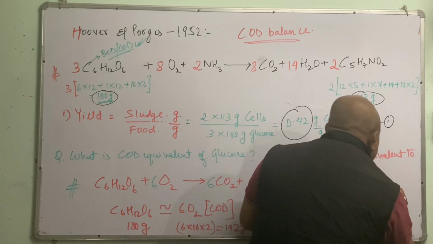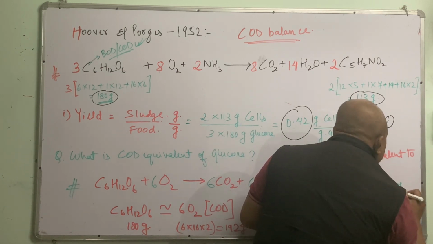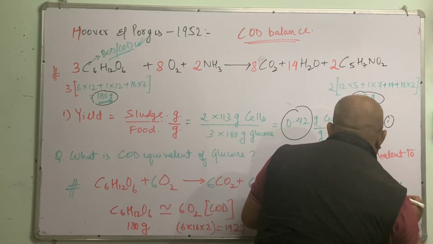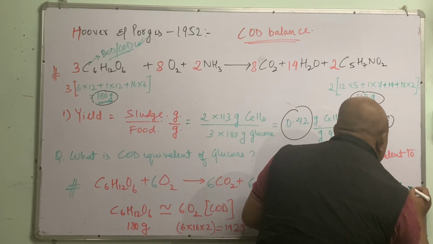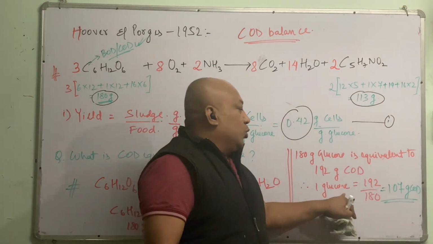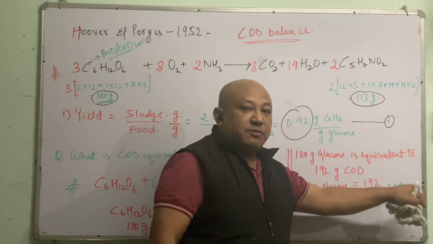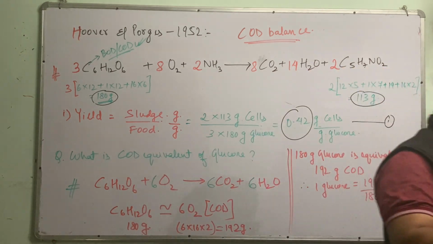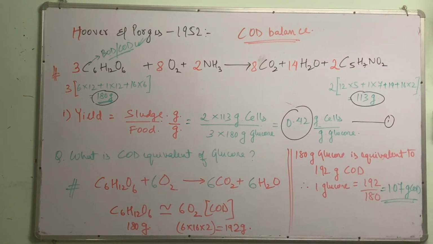So I'll say this is 1.07 gram of COD. So 1 gram of glucose is equal to 1.07 gram of COD. That means if you put 1 gram of glucose, that is equivalent to 1.07 gram of COD. This is the way of measurement.